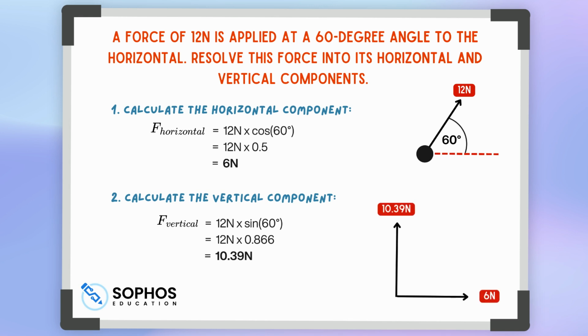So, the 12 Newton force applied at a 60-degree angle to the horizontal resolves into 6 newtons horizontally to the right and 10.39 newtons vertically upwards. By working through these examples, you can see how we use trigonometric functions to break down complex forces into simpler, more manageable components. This technique simplifies our analysis and helps solve problems involving forces acting at angles.